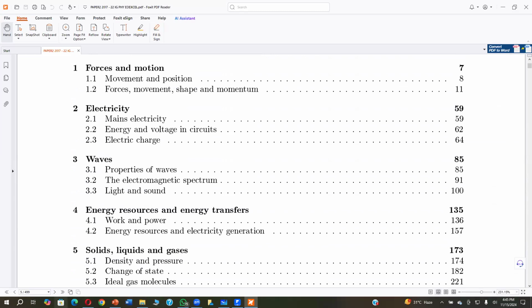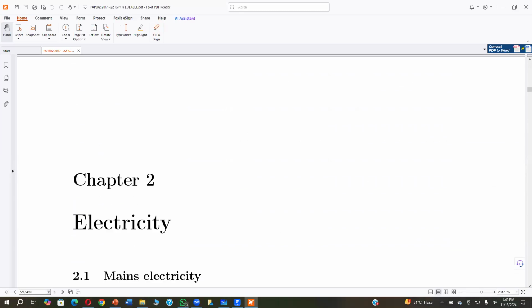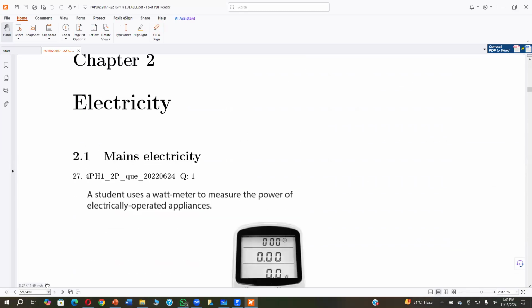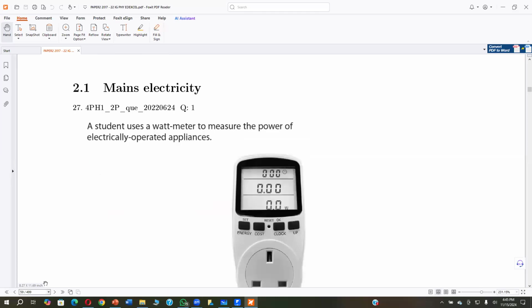So this is page number 59 from book 2. Have you opened book 2? Yeah. PDF page number 59.